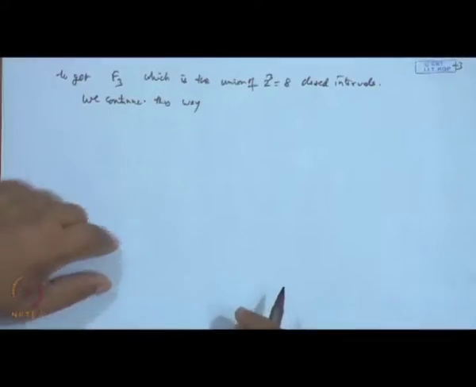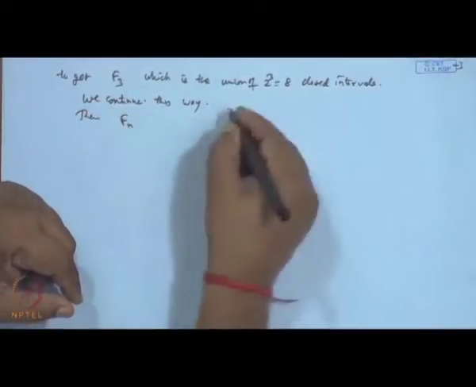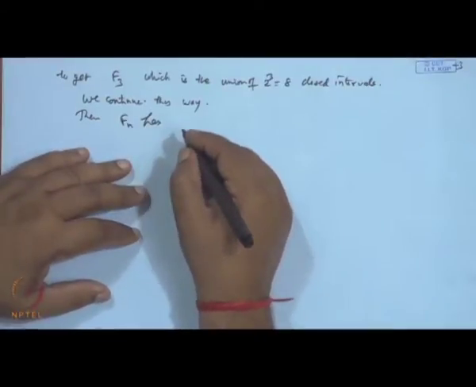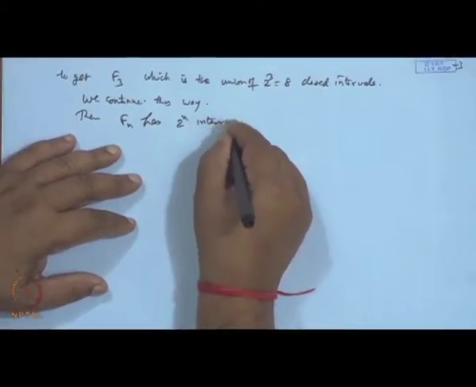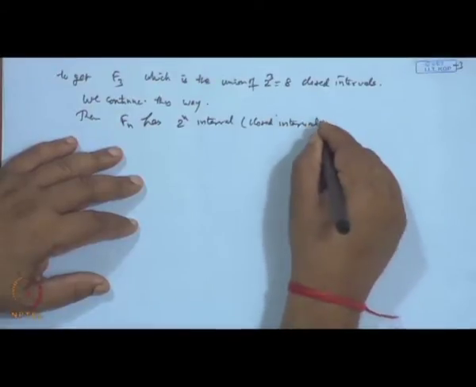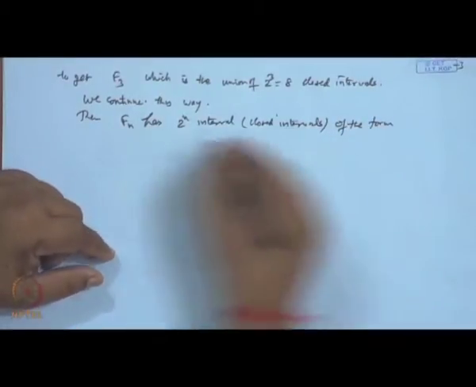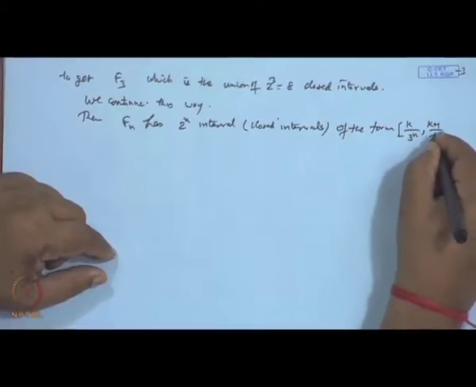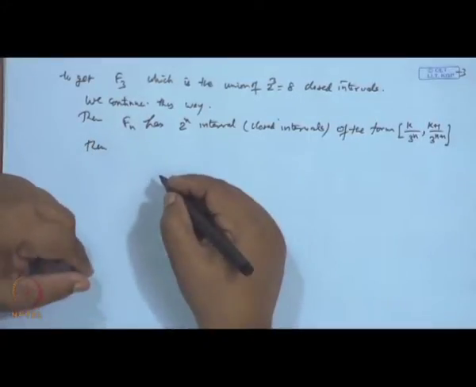So, what we get? In the nth step, Fn, at the nth step, has been constructed, has 2 to the power n closed intervals of the form k over 3 to the power n, k plus 1 over 3 to the power n, like this.